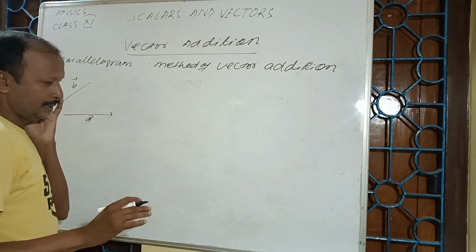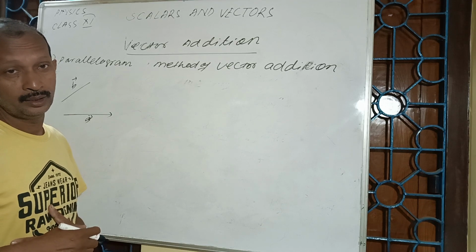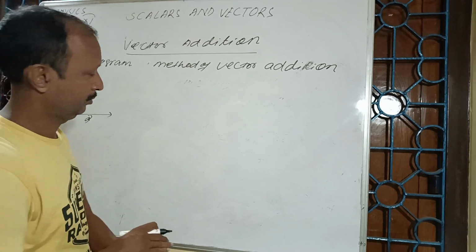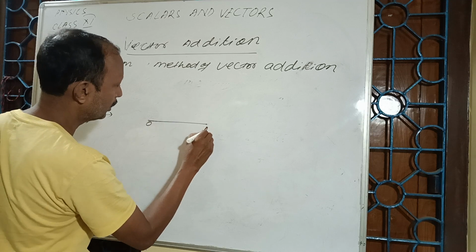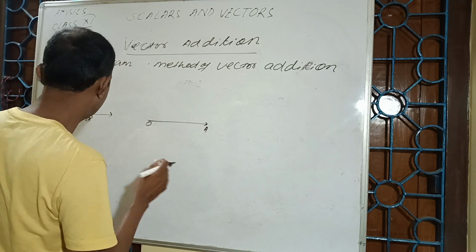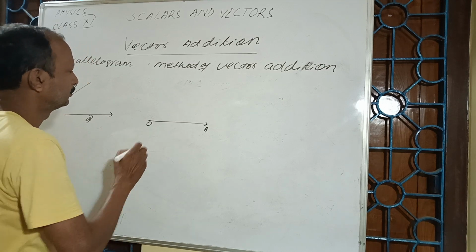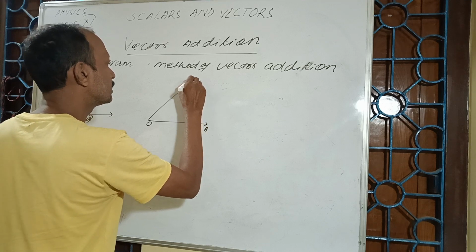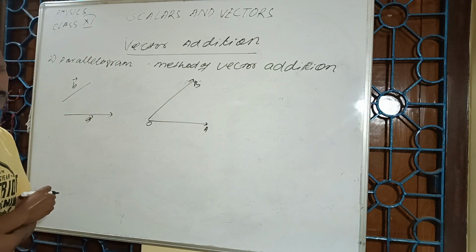Suppose it is represented by the two adjacent sides of a parallelogram. So OA, this is a vector. Now this is another vector. Listen carefully.